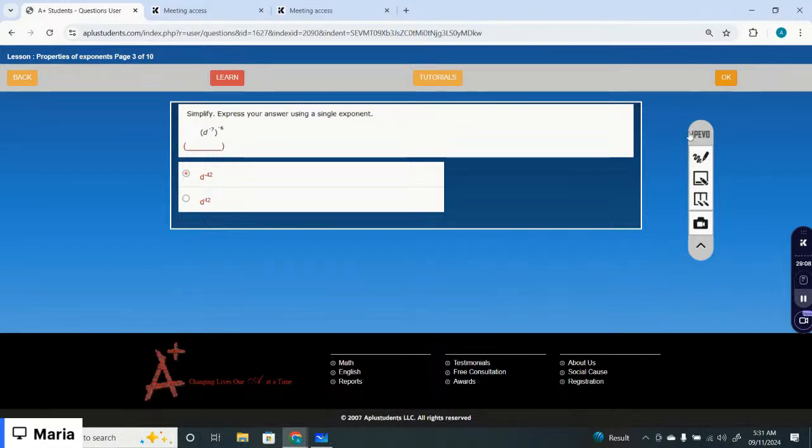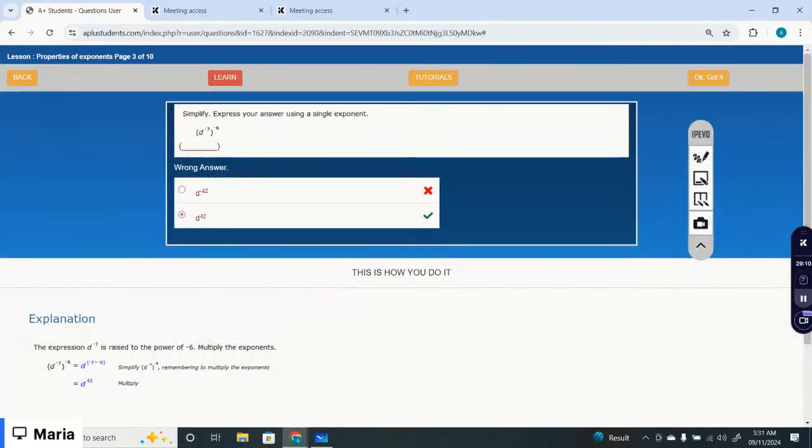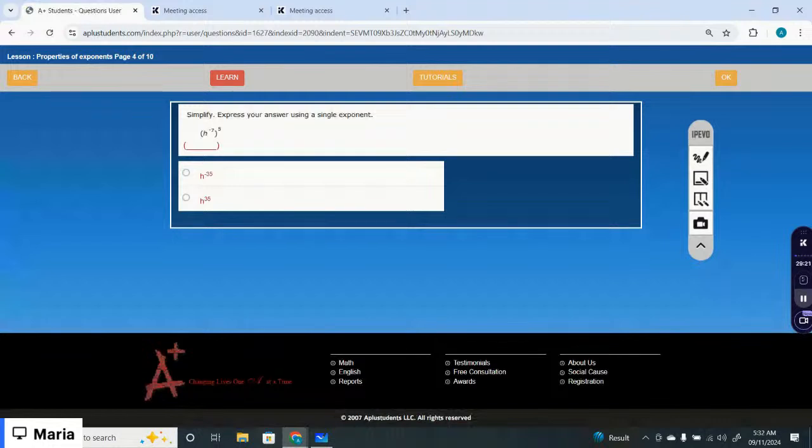Okay, you can move on to the next. That is negative 42. Okay, that would be negative 42, right? Okay, got it.